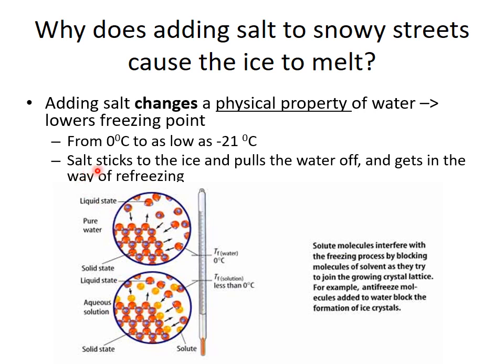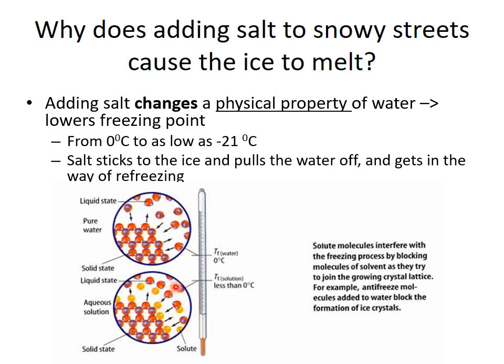The second part of this statement here, salt sticks to the ice and pulls the water off. Water, we learned, has little tiny positive and negative charges on it, partials we call them. And salts, sodium chloride, also have positive and negative. So they're attracted to the water molecules in the ice. So not only are they blocking the way, as this picture shows, they can also stick, as is going on right here, to the water molecules and help pull them off.